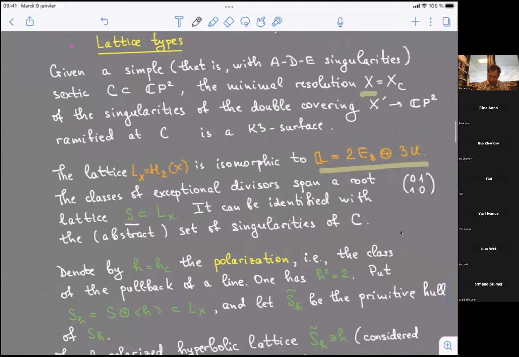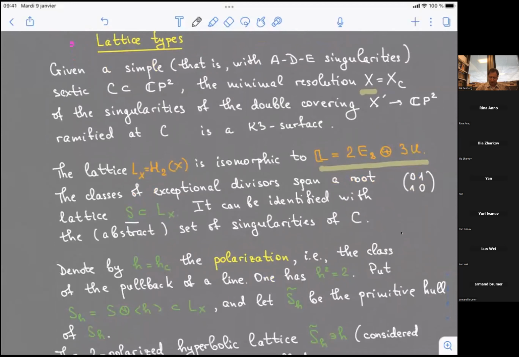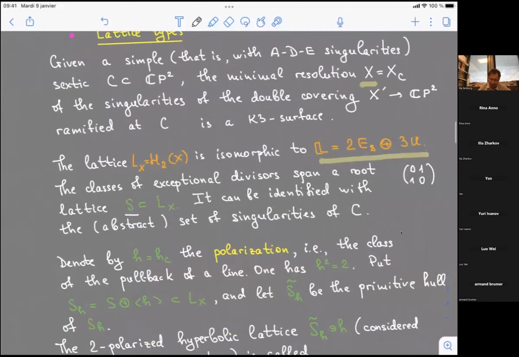Then, coming back to Jan's question, we have one extra class, which I will denote by H, the polarization, the pullback of a line, and it's a class with square 2, so our K3 is 2-polarized. We can consider all these classes, the exceptional divisors and H, the polarization.